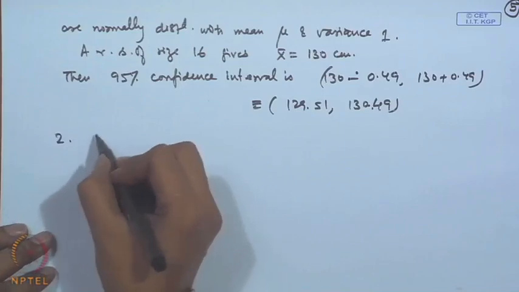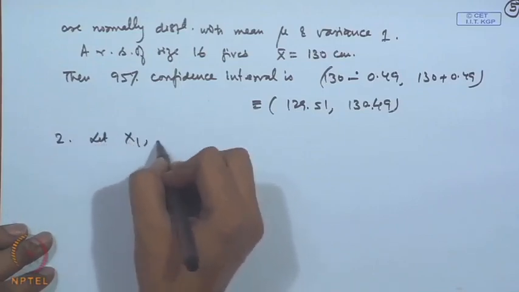Let me consider some more examples here. In the previous case, I have considered variance to be known. So, I took it to be 1, but suppose the variance is unknown. If the variance is unknown, then the distribution of x bar will involve sigma square, and in that case we need to do a little bit of modification. So, let me take another example.